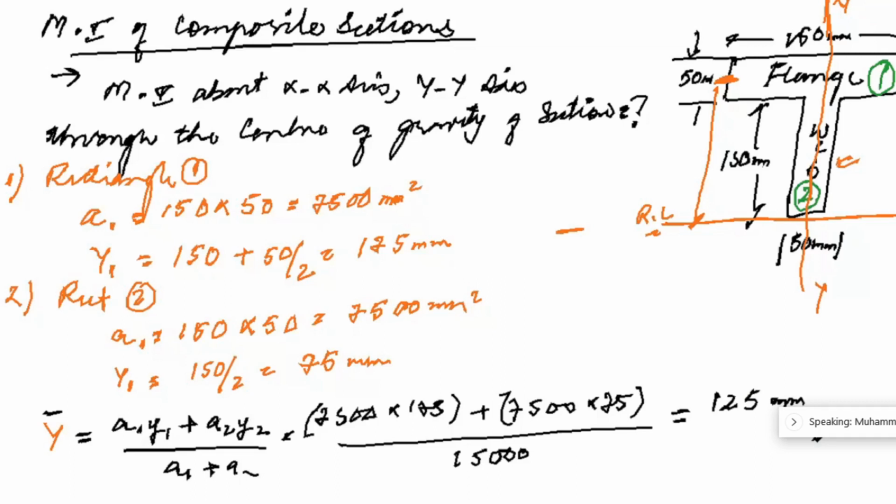We need the moment of inertia about both the axes, that is about the x-axis and about the y-axis. But here we have two different sections, right? We will find the moment of inertia of the first section, and then of the second section about the x-axis.